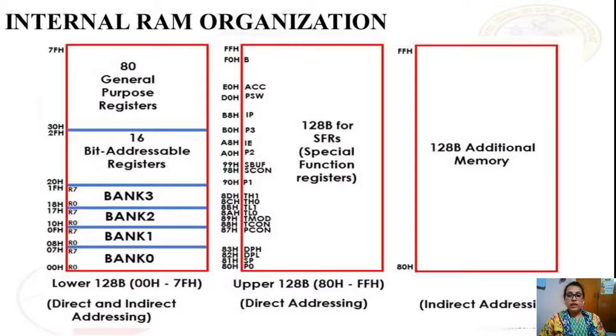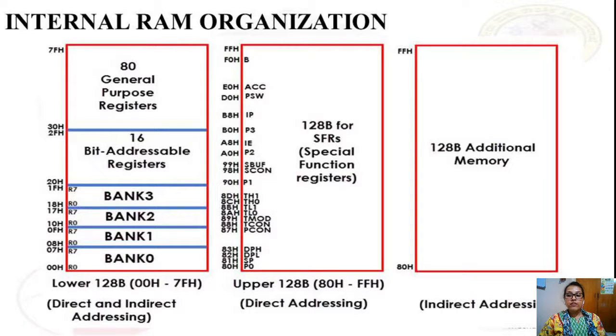The first 128 bytes is divided into working registers, organized as bank registers or register banks, then the bit addressable area, and then general purpose RAM from 30H to 7FH, also called the scratch pad.